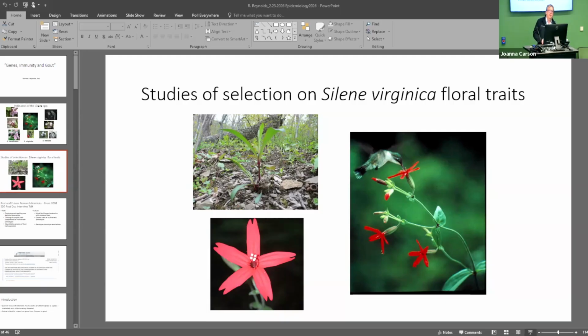The genetic risk score was for gout, which is just the accumulation of genotypes for multiple different loci, and then we asked if the sum of the genotypes across those gout risk alleles was associated with the severity of gout, which was measured by age at onset and number of tophi.